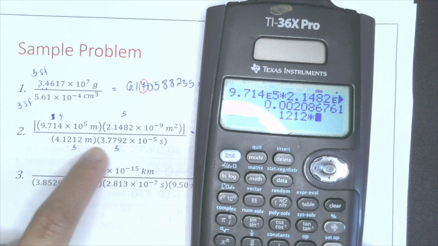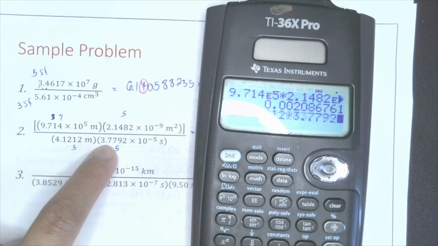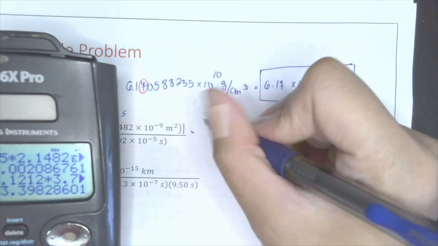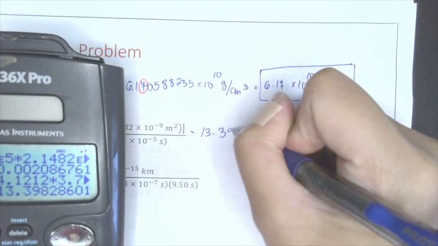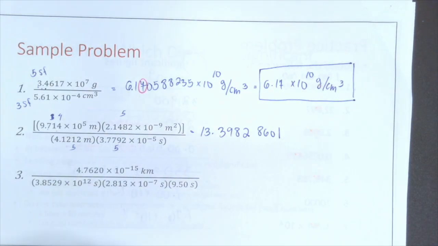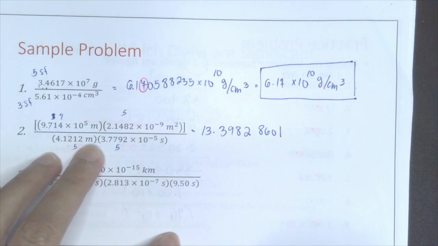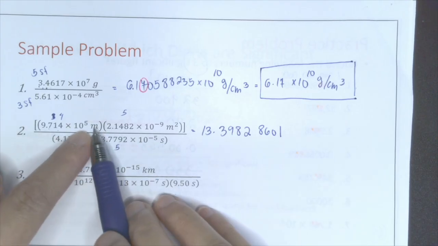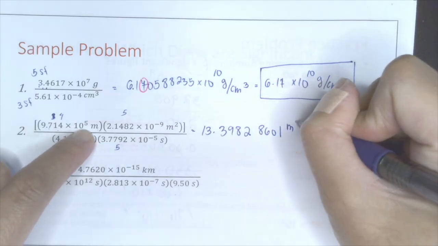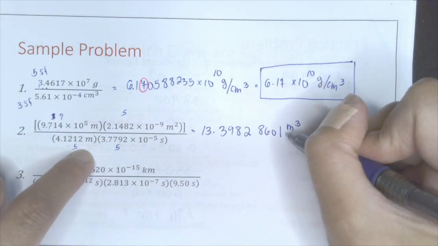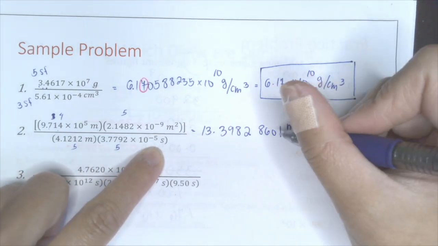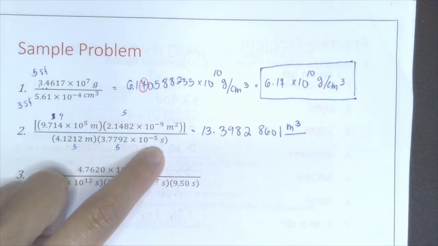So 4.12 times 3.7792. Okay, my final answer is 13.39828601. Now we have to figure out what we do with our units. So we have meters and meters squared, so that gives us meters cubed. And then we have meters and second, so they're not the same letters.